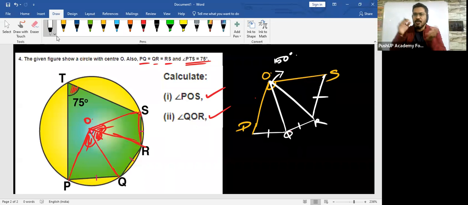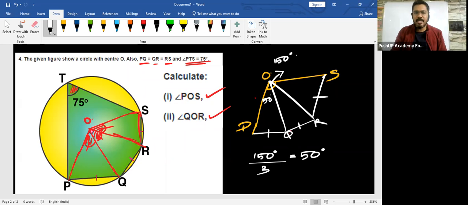Now chords PQ, QR, and RS are equal in measurement, so equal chords subtend equal angle at the center. That means this whole angle 150 degrees has to be divided into 3 equal parts. That will give you 50 degrees. That means PQ will subtend 50 at the center, QR will subtend 50 at the center, and RS will subtend 50 at the center. Understood?